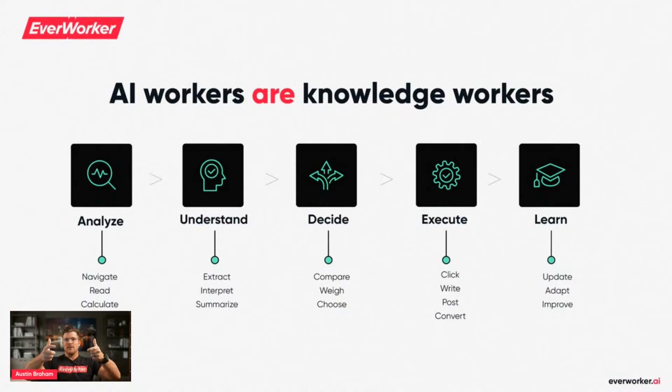We believe that AI workers do more holistic work for you and with you, not just tasks here and there. These AI workers can analyze, understand, decide, execute, and learn, either autonomously or with minimal feedback from yourself. To be honest, it is still important to have a human in the loop for almost all use cases, as we'll even talk about with Alex in his demo.